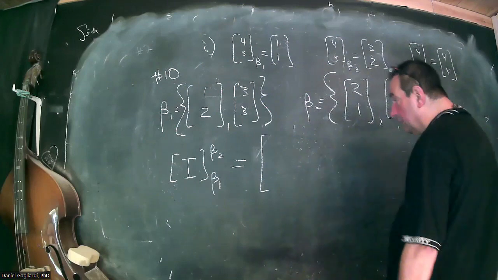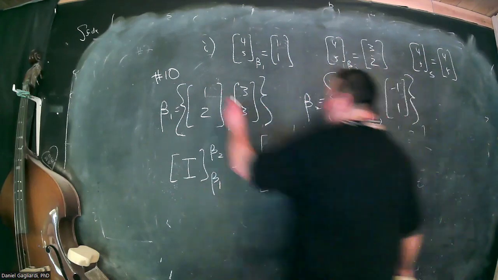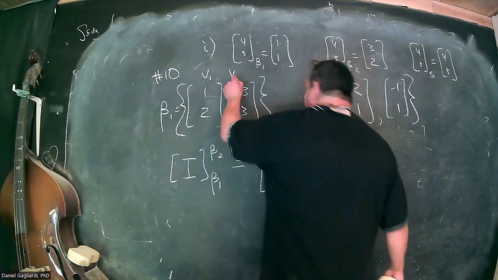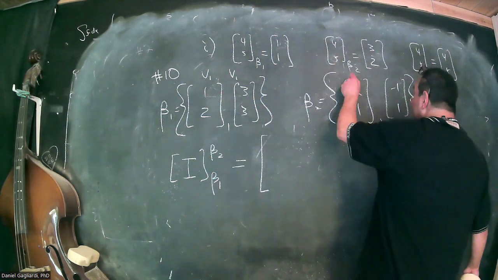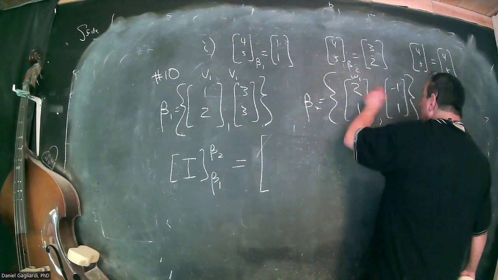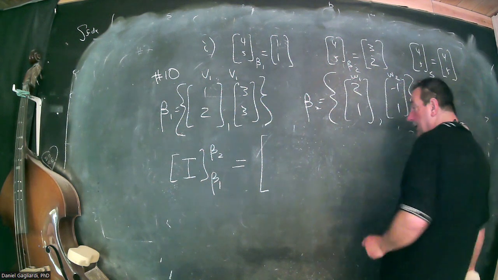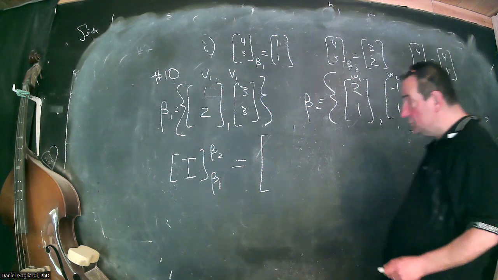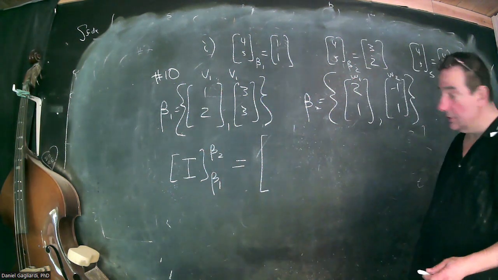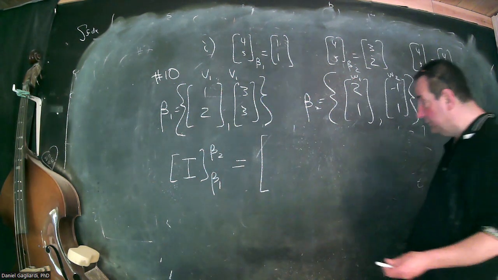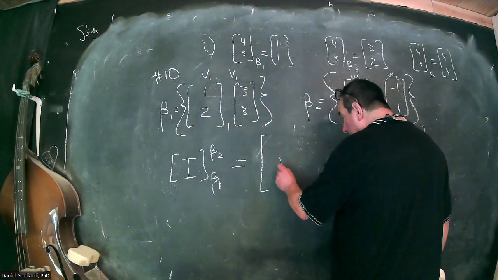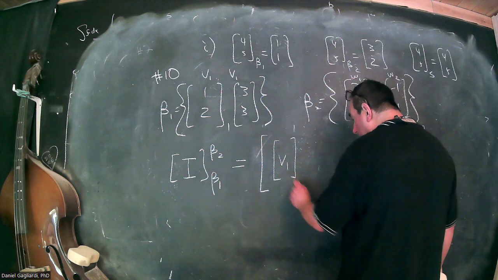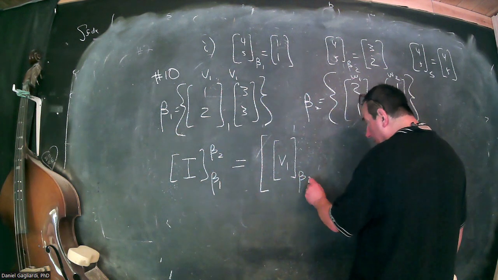I'm going to label the vectors in these two bases. Here's V1, V2, and let's call this W1 and W2. The matrix that's going to enable us to do that is to take V1 and write the coordinates of V1 relative to beta 2.